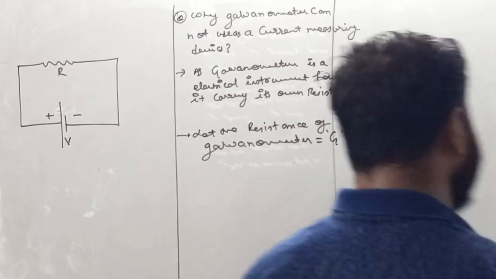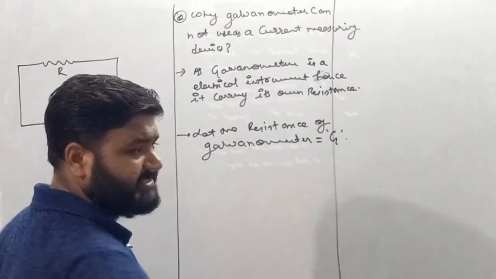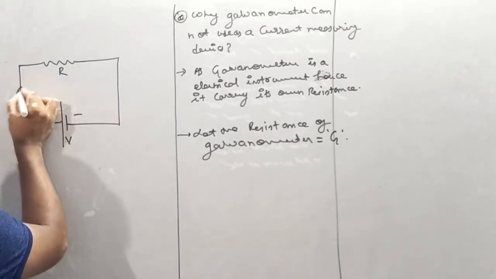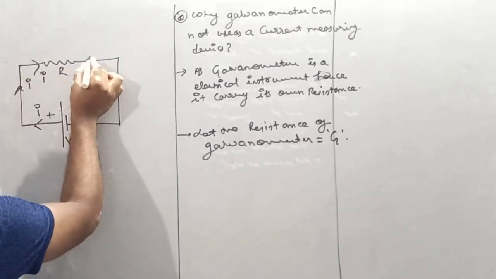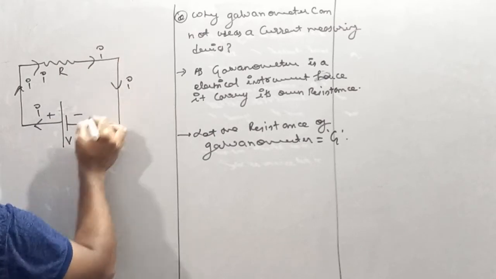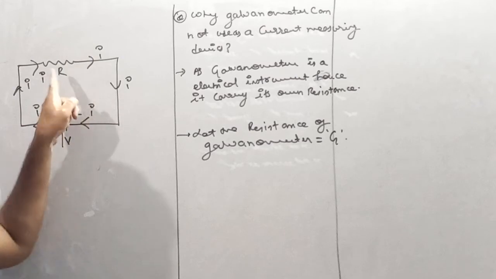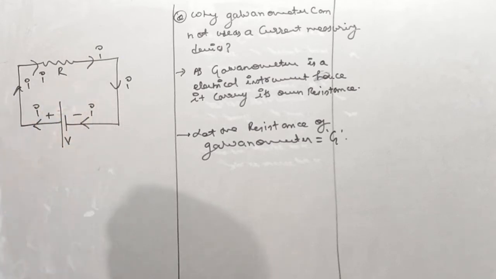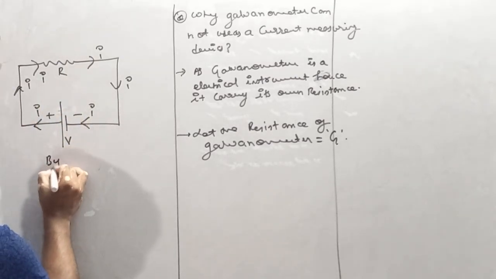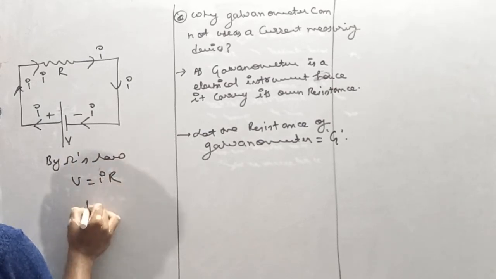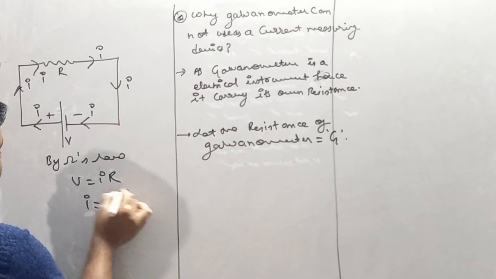Now my dear student, as we know, a resistor can draw some current from the battery. So let's suppose I current is drawn by the resistor from the battery. Now we know that by Ohm's law V equals IR, so I equals V by R.